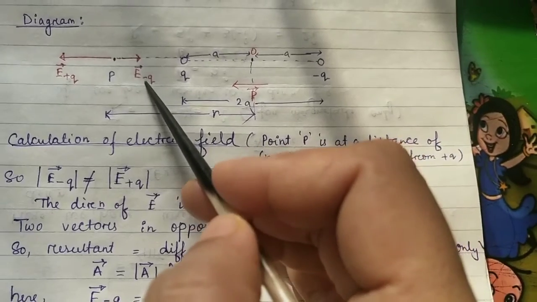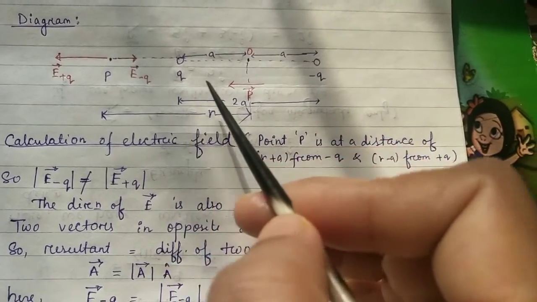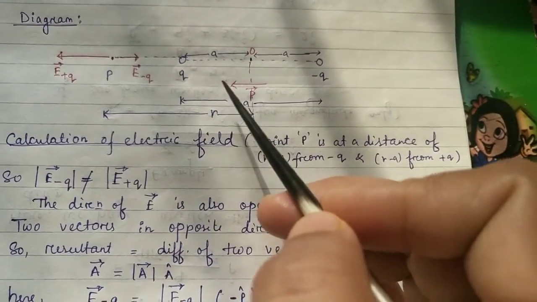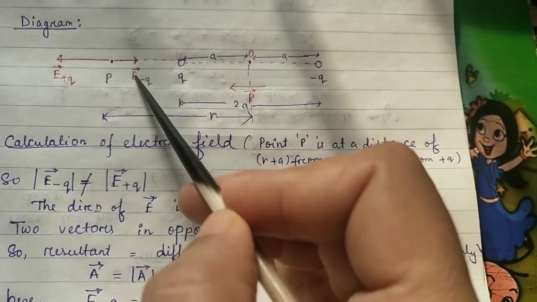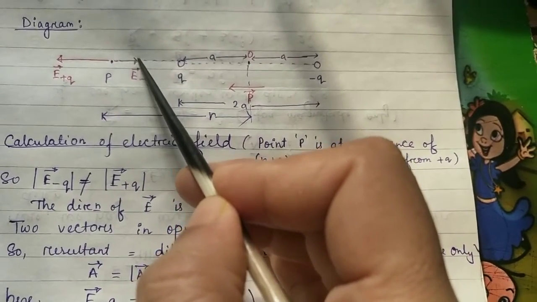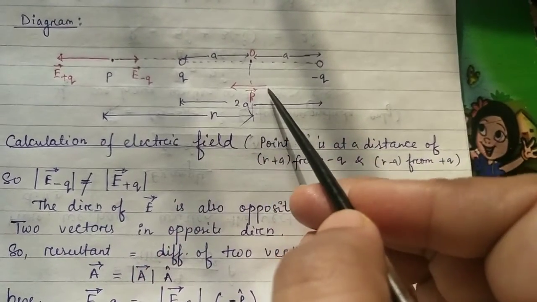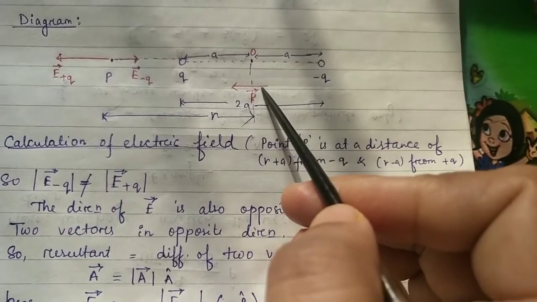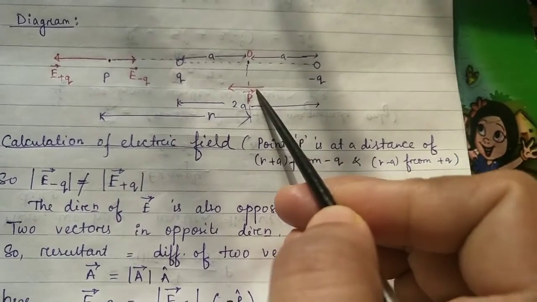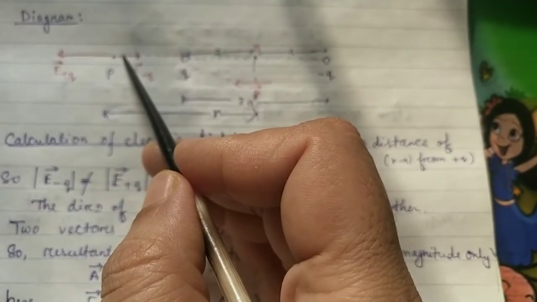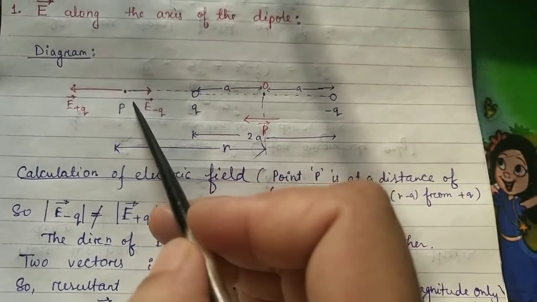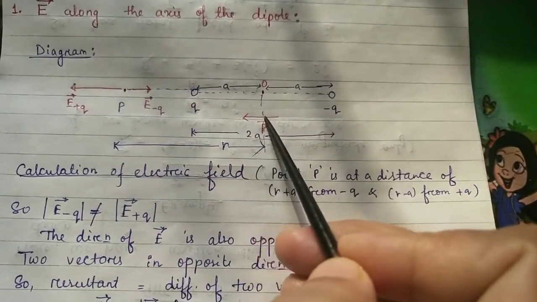That means whether the electric field is along the same direction as the dipole or in the opposite direction of the dipole. Here the electric field due to minus q charge is towards right, but our standard direction, that is the direction of the dipole moment, is from this side. See the directions, they are opposite, towards right, towards left.